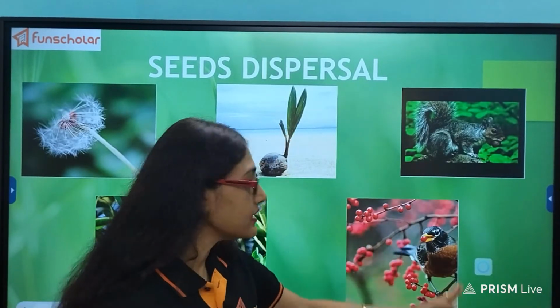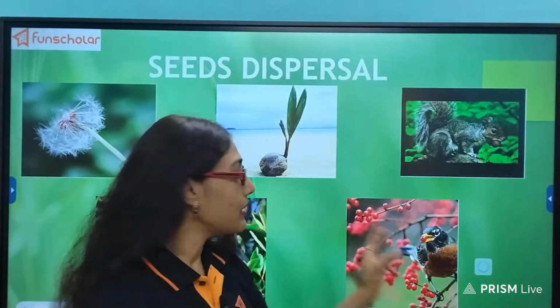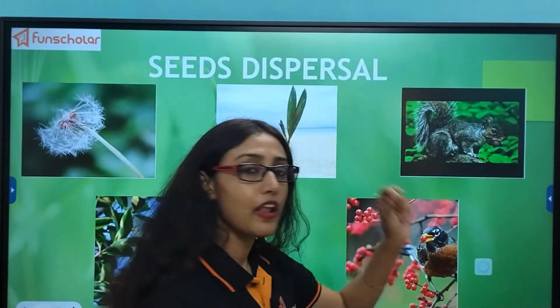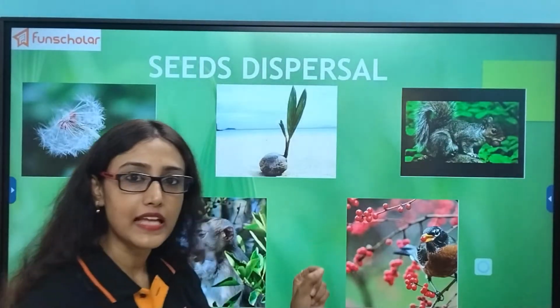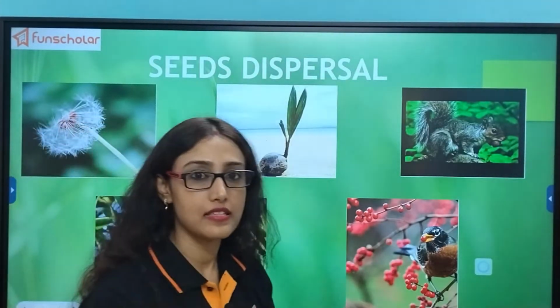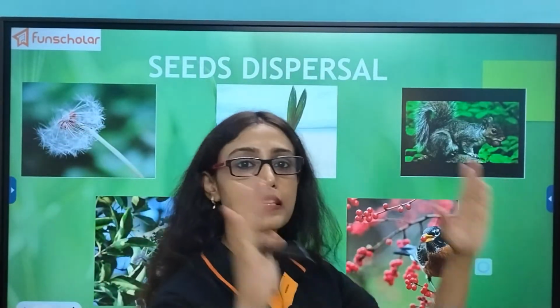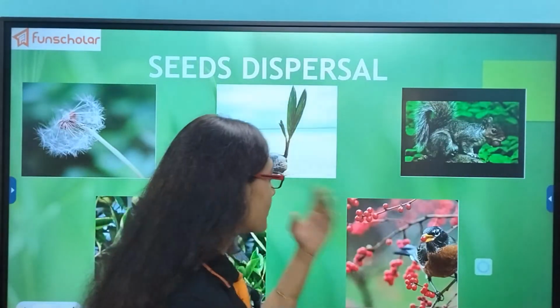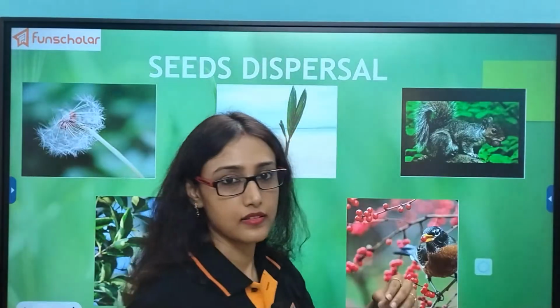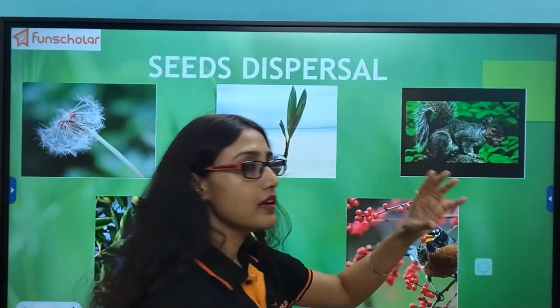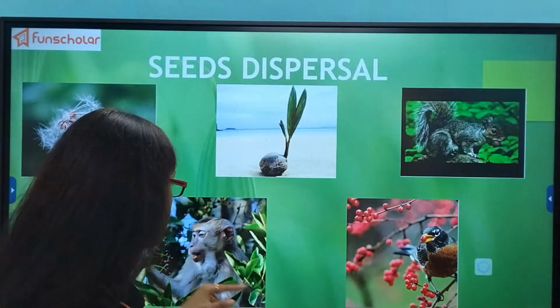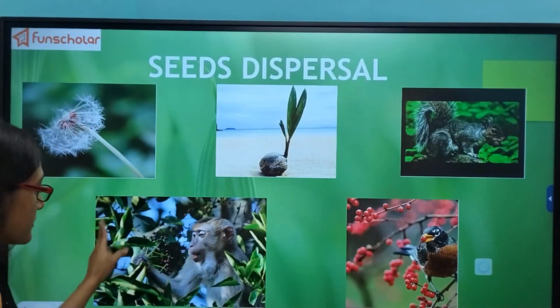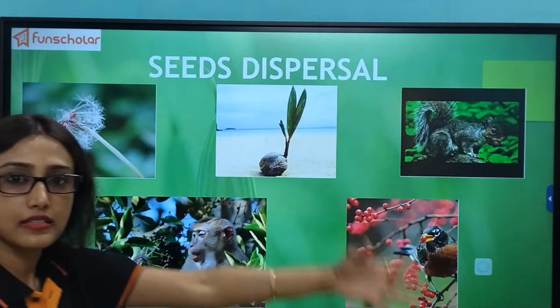The birds are eating the fruits along with the seed, and the seeds are very tiny. They are not digested. They are excreted through birds' droppings, or what you can say, excretory matter. So in this way, the seeds are being dispersed. Again, the monkeys are eating the fruits and throwing the seeds away.